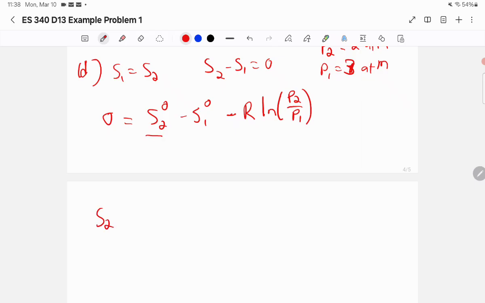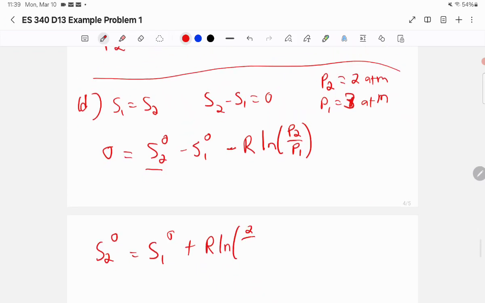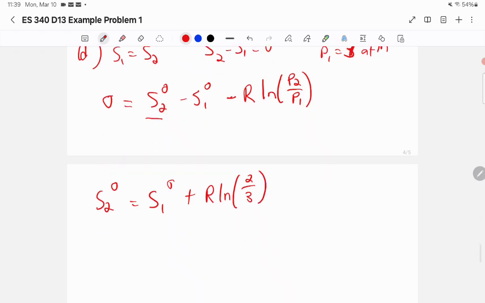S2 circle is equal to S1 circle plus R times the natural log, in this case, of 2 divided by 3, because that will help me find the temperature going back to the table. The atmospheres will cancel each other out, so I'm not going to bother writing it.